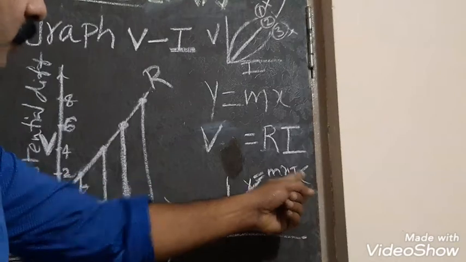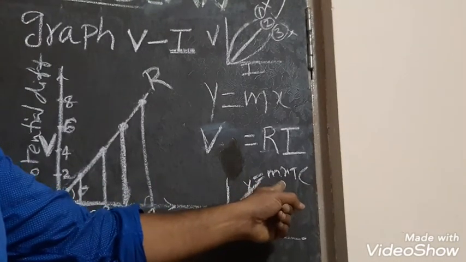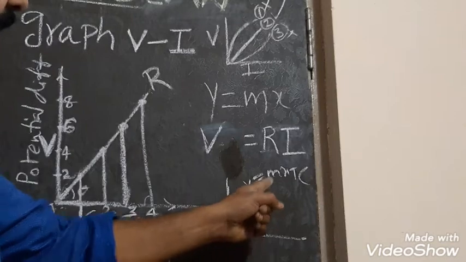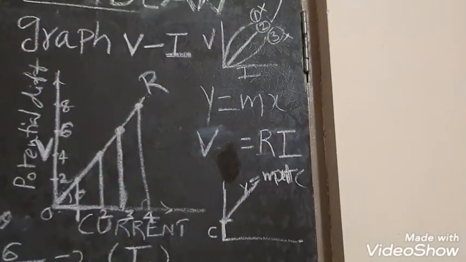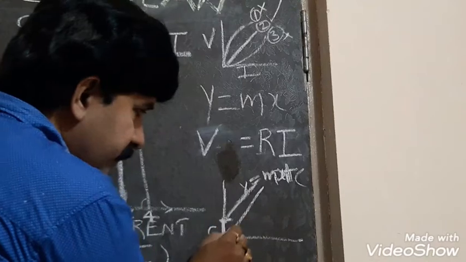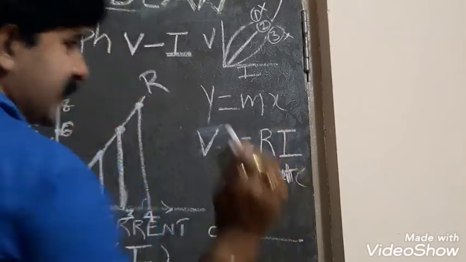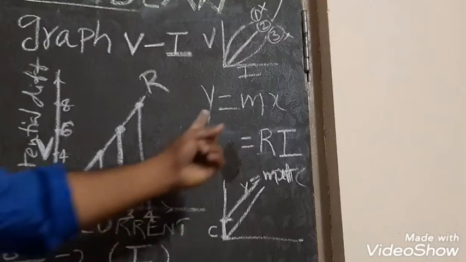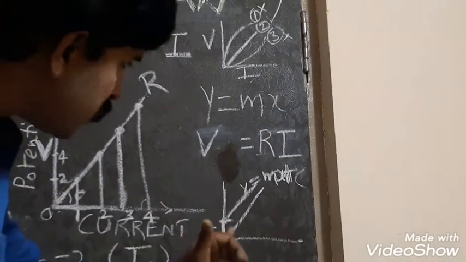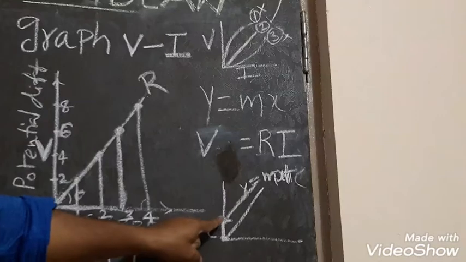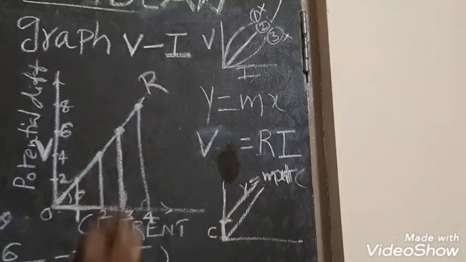This c is called the y intercept and m is called the slope. When it is passing through origin, c becomes 0, then y is equal to mx. The straight line passes through origin because the y-intercept is 0.